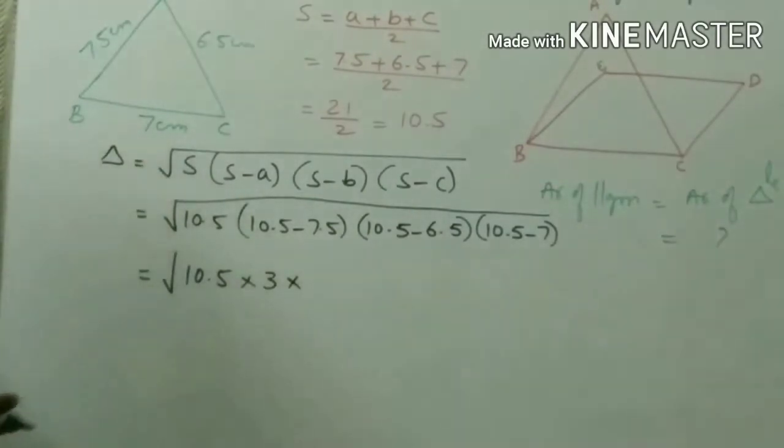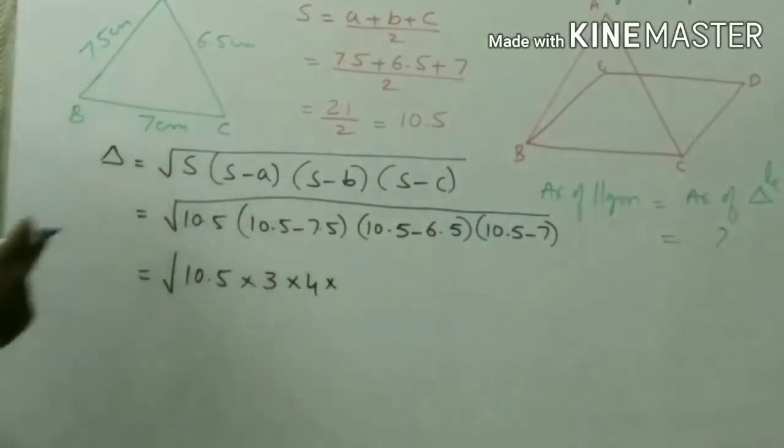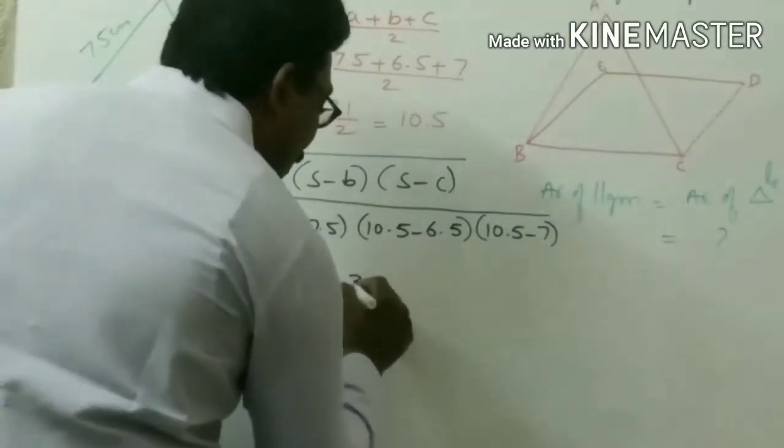Next, 10.5 minus 6.5: leave the 0.5, 10 minus 6 is 4. 10.5 minus 7 is 3.5.